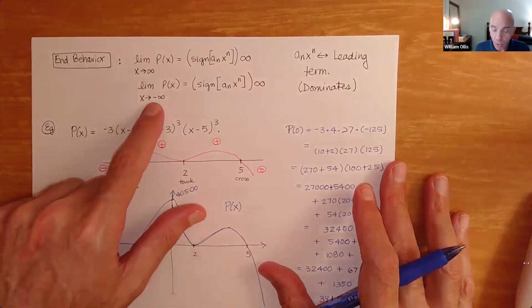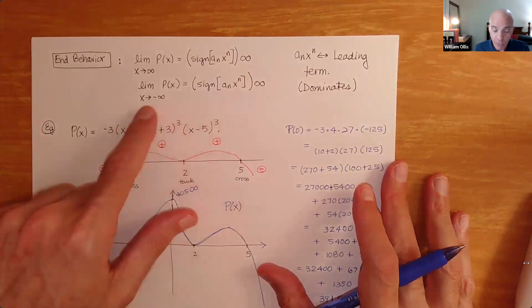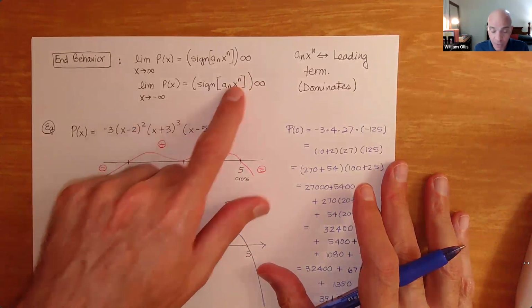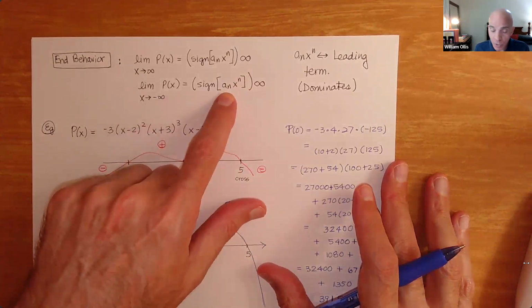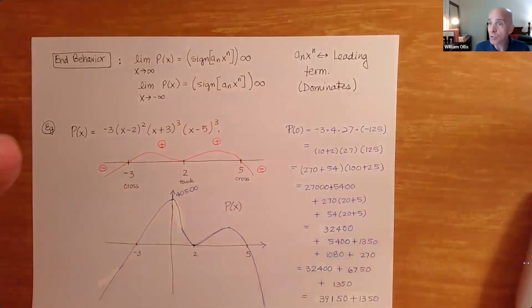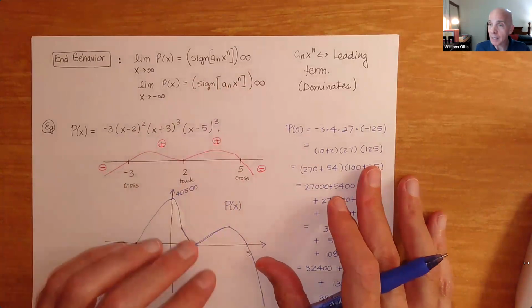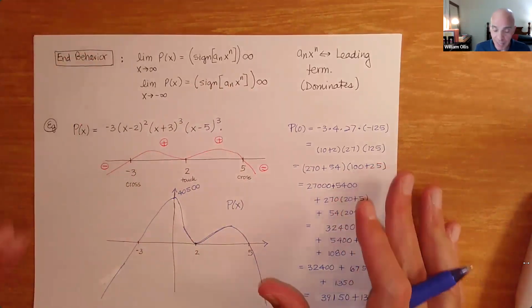Likewise, as we approach negative infinity, we can do the same thing. Now, again, we just simply replace x with a negative number because x is becoming infinitesimally small, and we also consider the sign of the leading coefficient. We assign that particular plus or minus to infinity. So again, the end behavior is just an arithmetic exercise.